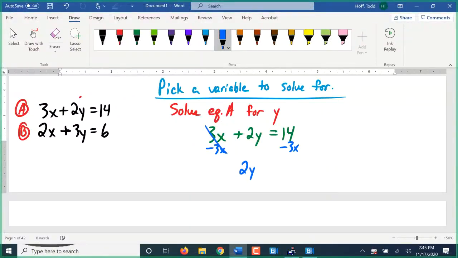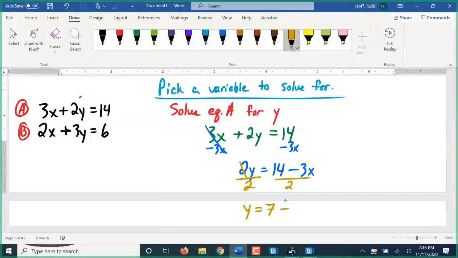So I get 2y equals 14 minus 3x. This is going to look very similar to what we did for graphing here. Then we're going to divide by 2. So y equals 7 minus 3/2 x. So I solved that one for y.